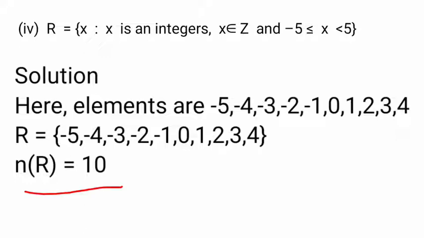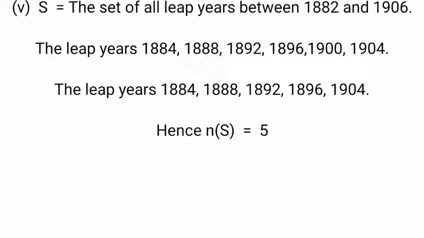Can you understand? Okay. Fifth question. S is the set of all leap years between 1882 and 1906. First we write the elements, the leap years. A leap year means the number is divisible by 4. So 1883 is not divisible by 4.